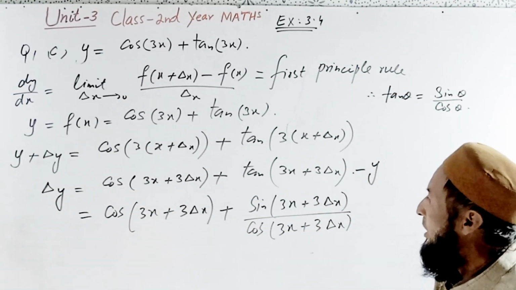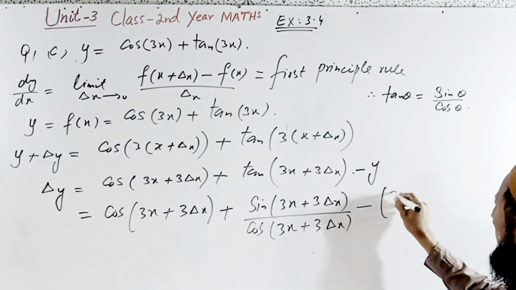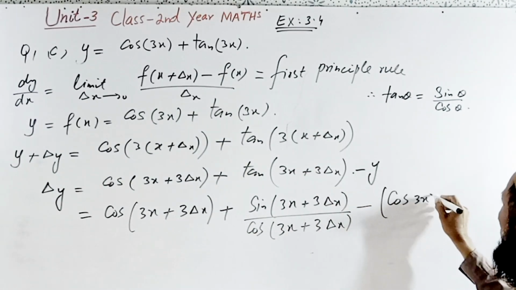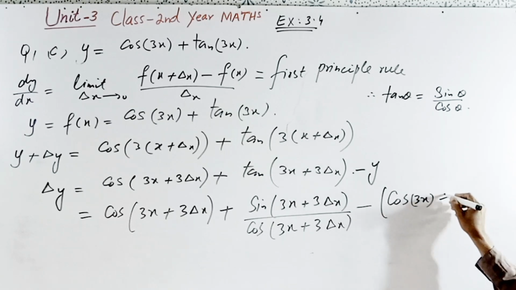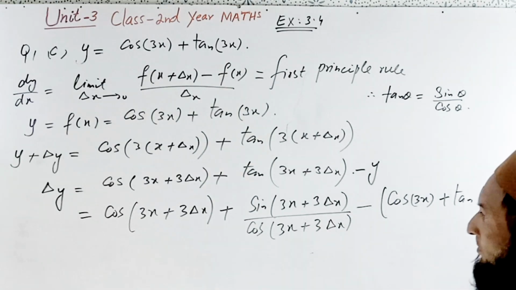According to this formula, we write minus, substituting the value of y as cos 3x plus tangent 3x. Now we multiply this term.